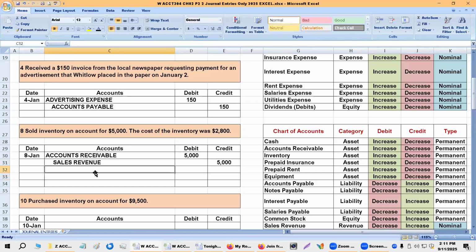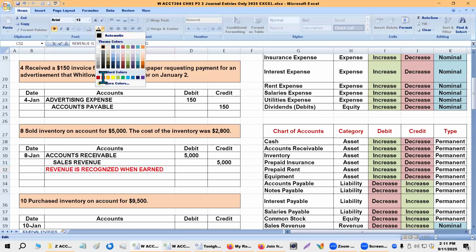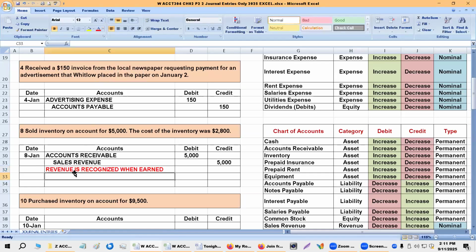One of the things about recognizing revenue is that revenue is recognized when earned. So even though we don't have the cash, if we've earned it, in other words, they've taken the merchandise, they owe it now. So now we recognize revenue.